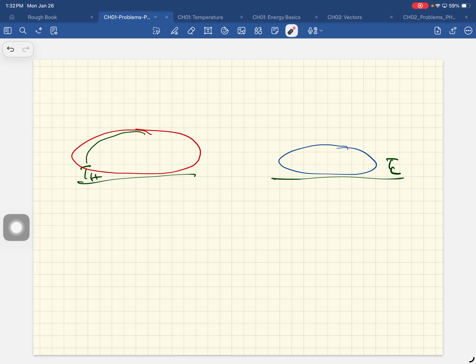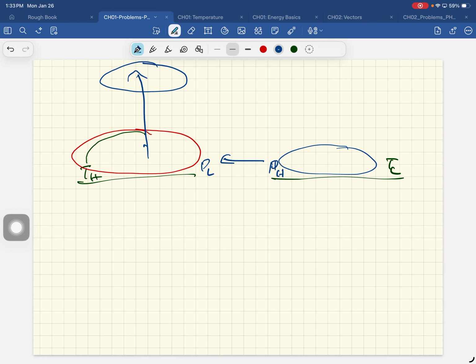So let's calculate this. 558 joules per second.